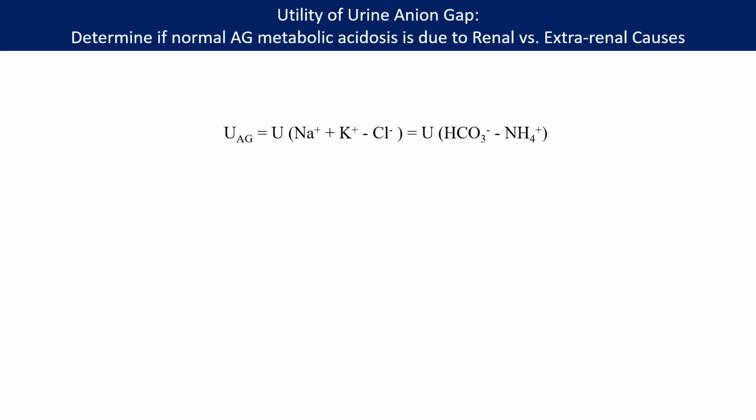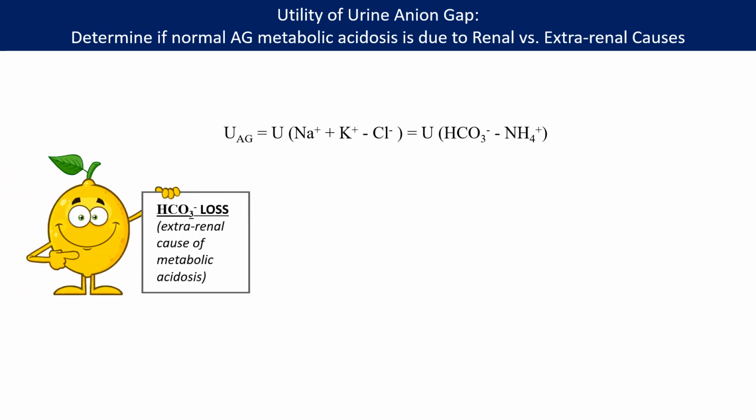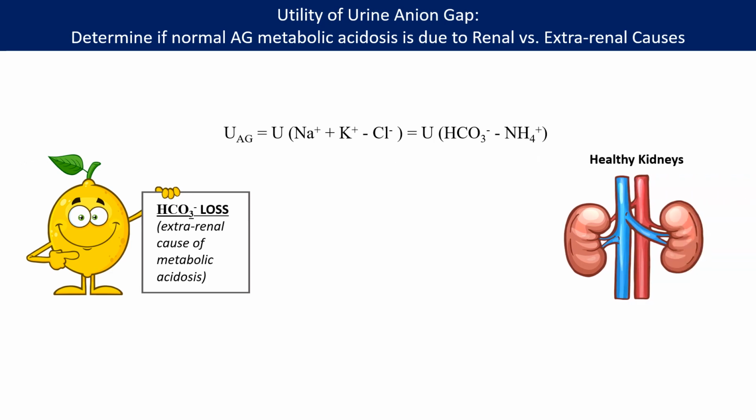This is our urine anion gap. If we have normal anion gap metabolic acidosis from an extrarenal cause such as diarrhea, normal healthy kidneys would do their best to compensate by reabsorbing as much bicarbonate as possible, making the urine bicarbonate essentially zero, and simultaneously secrete as much ammonium as possible, making the urine ammonium level very high.